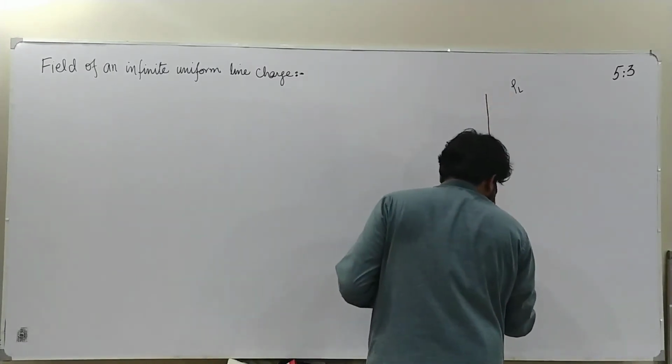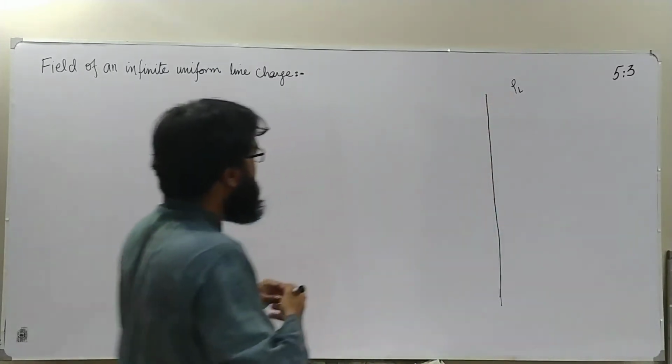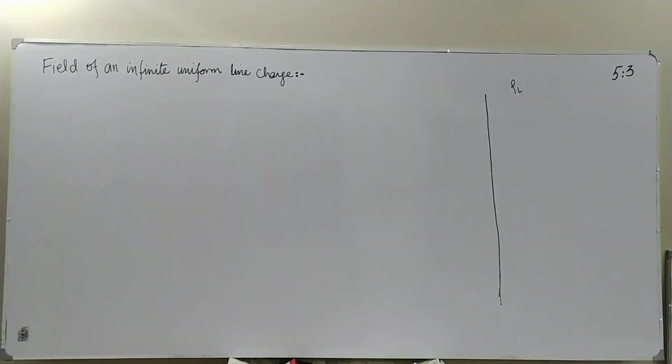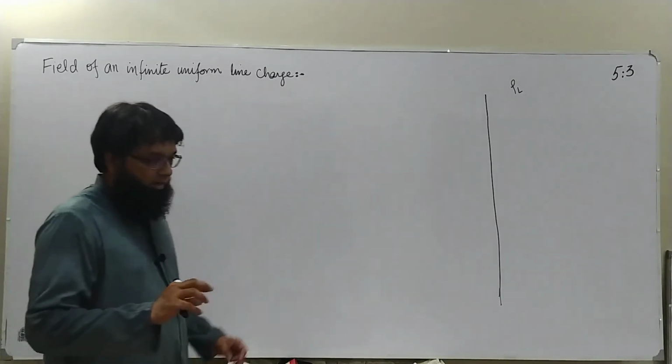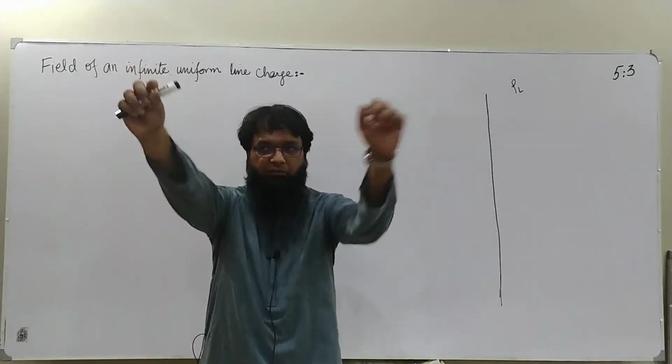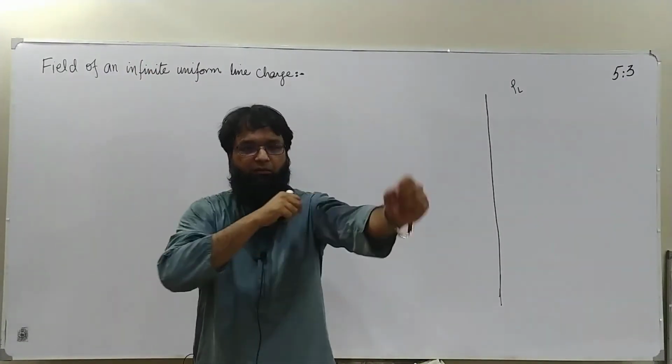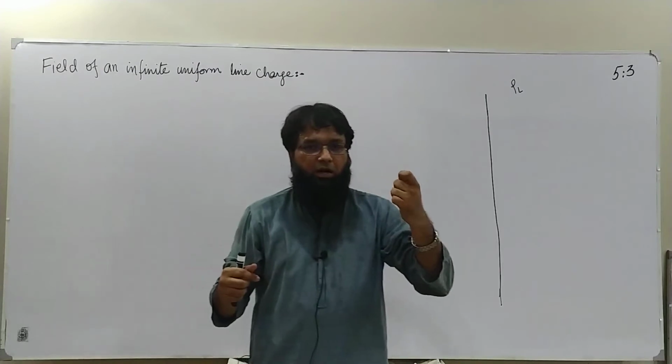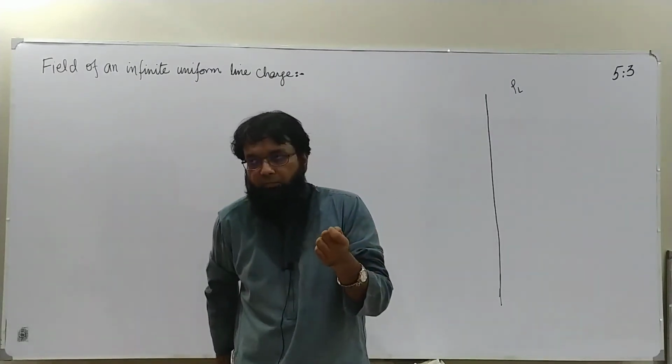So first things first, we have to consider which coordinate system we should use in order to find the electric field intensity. Remember that at the end of the last class, I showed you with a very simple example a point charge and how we want to write the field of that point charge.